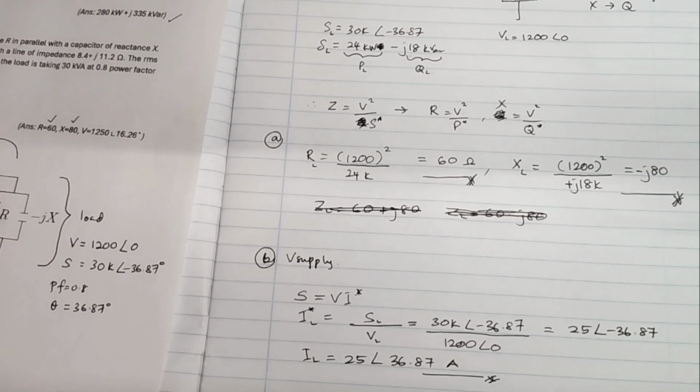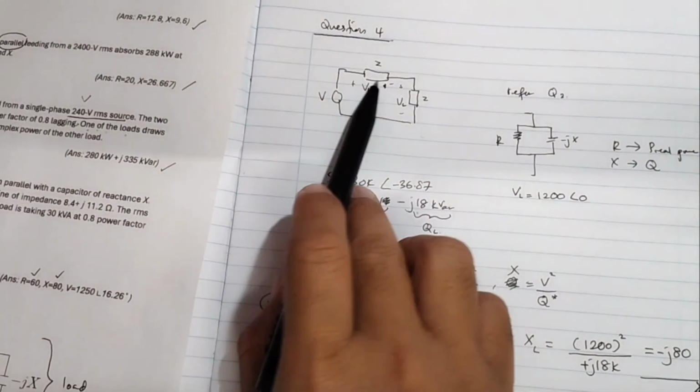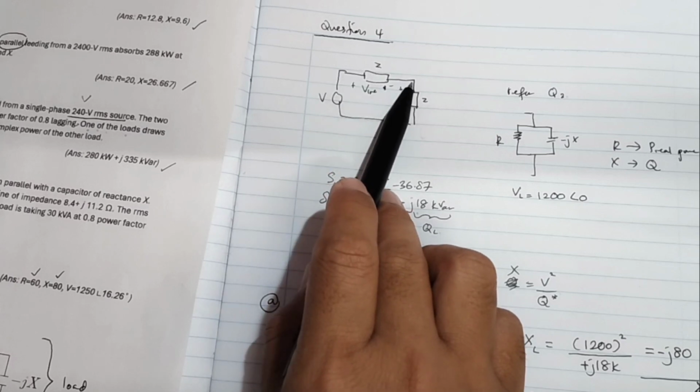When we get I load, so V supply actually, V source actually V line plus V load. Nak cari V line macam mana? V line actually V is equal to IR ataupun IZ lah. So I sama, I yang lalu dekat ni, yang Z line ni, I sama dengan I load.